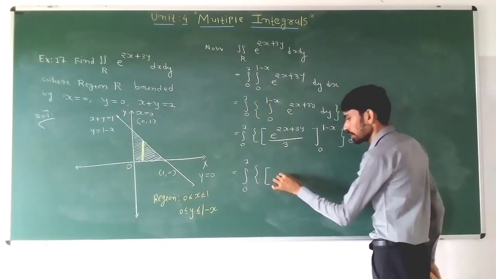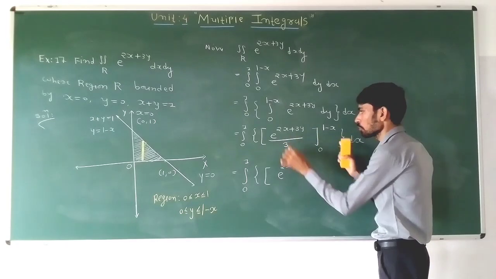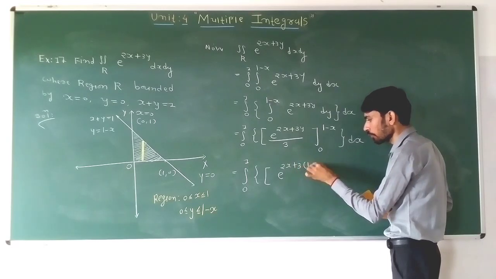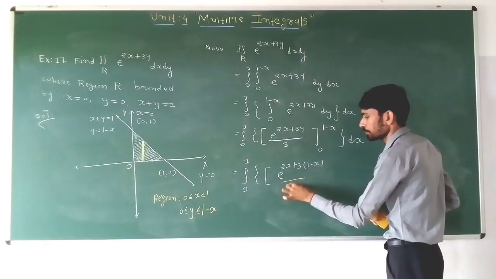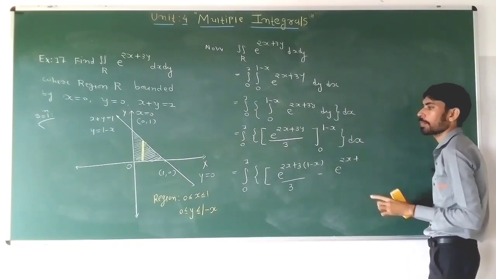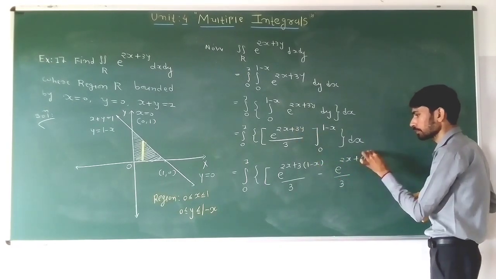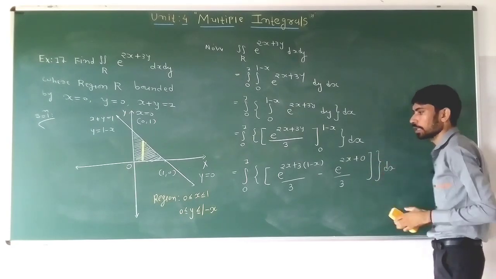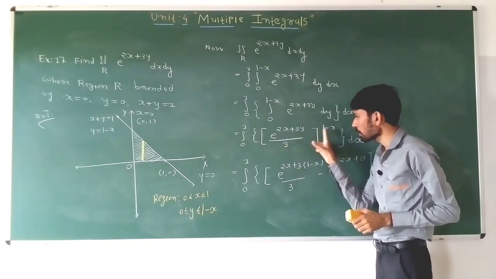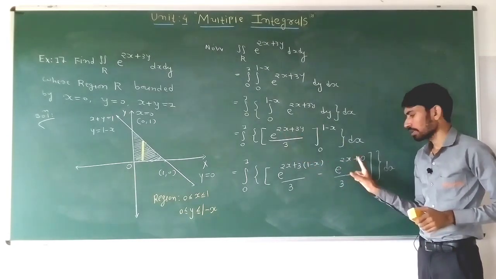Here we substitute the limit: e raised to 2x plus 3 into y, y replaced by 1 minus x, so 1 minus x upon 3, minus the lower limit e raised to 2x plus, substituting 0 in place of y, 3 into 0, 0 upon 3, dx. Here we apply first of all the upper limit in place of y. So our term becomes e raised to 2x plus 3 into 1 minus x upon 3, minus the lower limit e raised to 2x plus y replaced by 0, that means 0 upon 3.